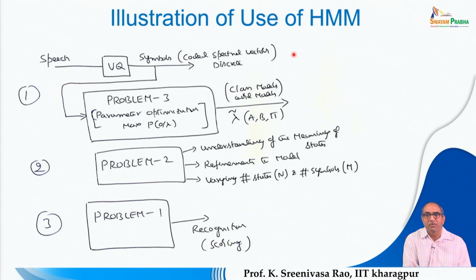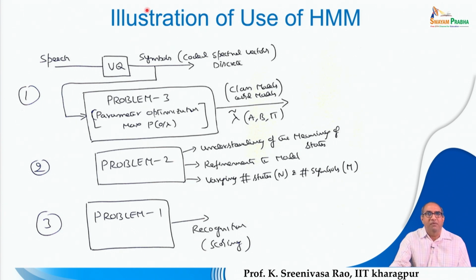By solving these problems, one can use HMMs for developing the systems, developing the models, and use the models for testing. And also, while building the models, how do we optimize the model? How do you understand whether the parameters that are chosen are right or not? All those things you can analyze.